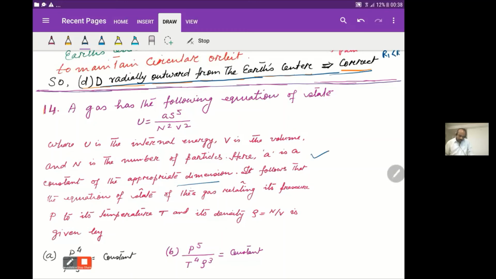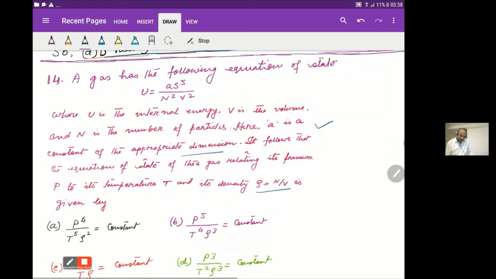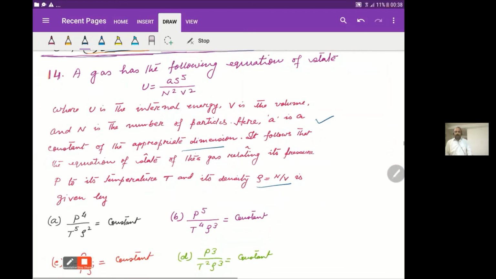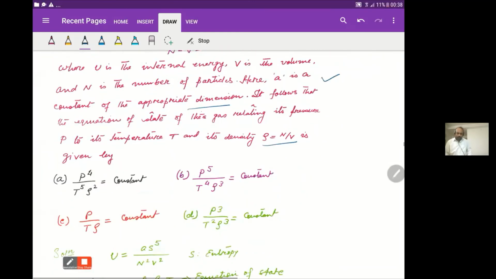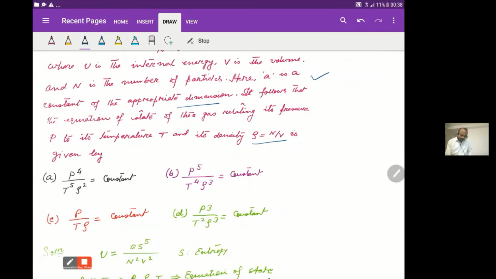It follows that the equation of state of this gas relating its pressure P to its temperature T and its density rho, N by V, is given by. So we have to find the equation of state, and we are given 4 options. Which one is the correct?